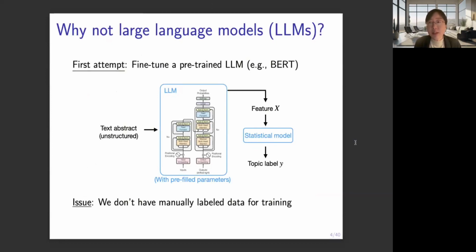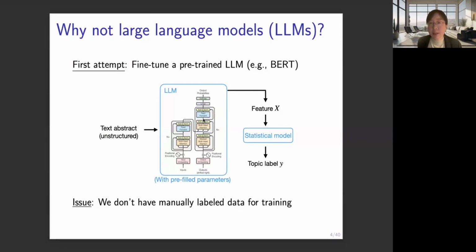The most common way of using these pre-trained large language models is through fine-tuning. This LLM is just a very complicated nonlinear deep neural net that can map any text into some feature vectors.